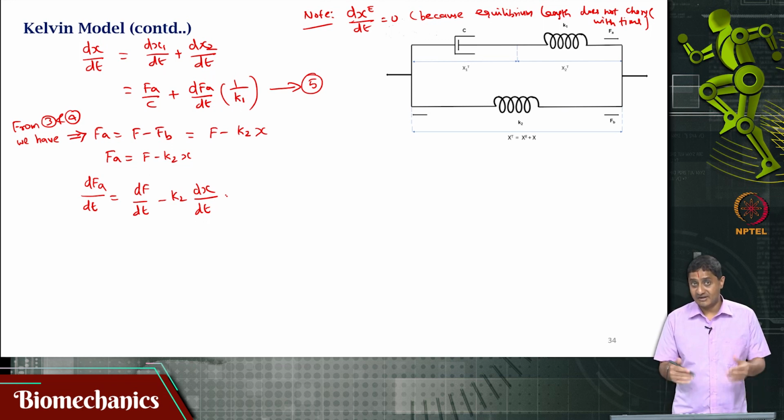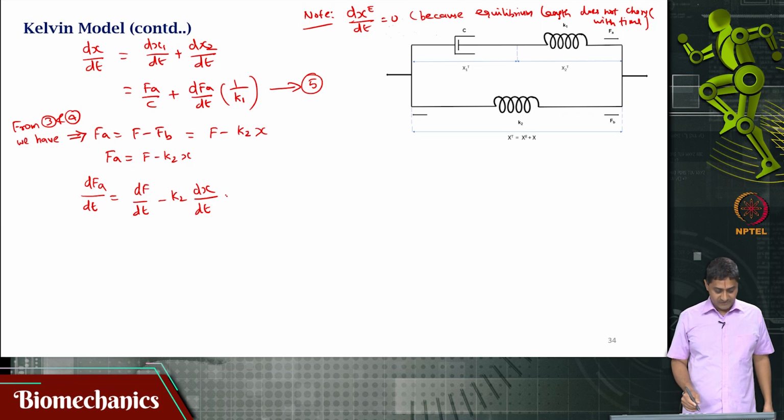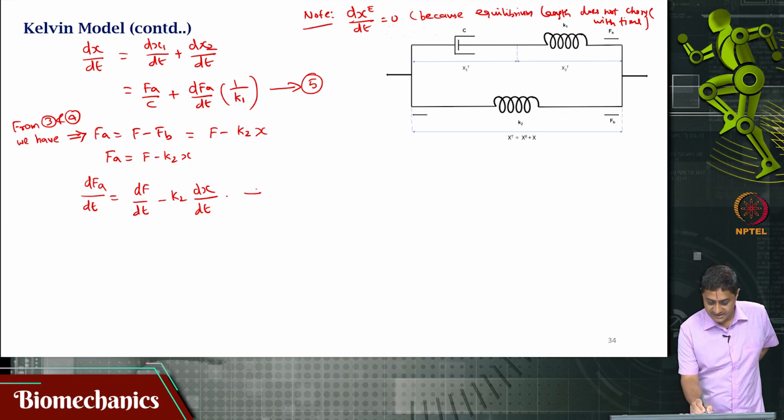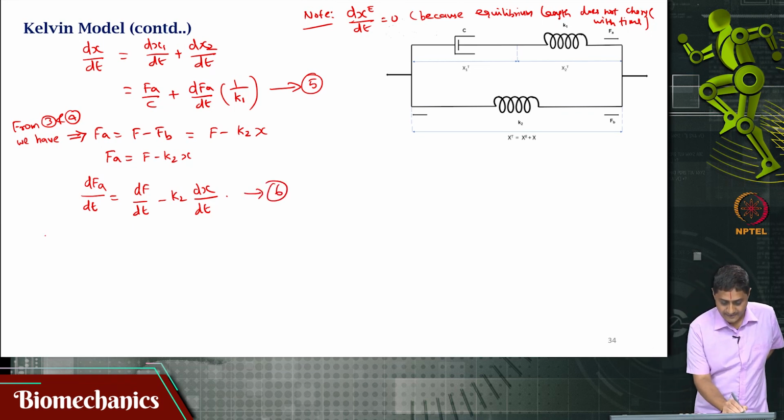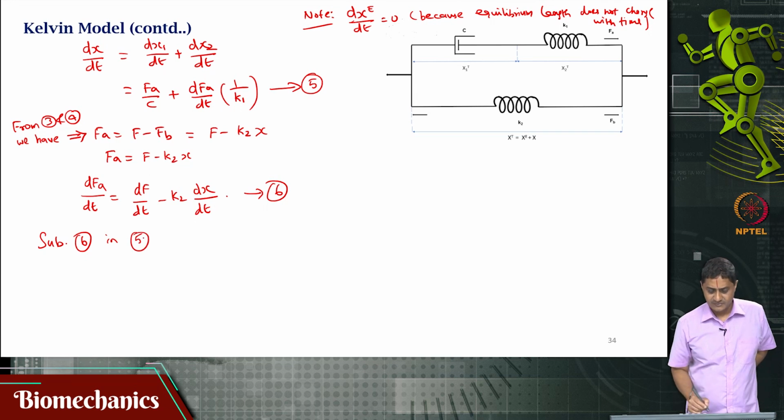I need to find Fa and I need to find dFa by dt to substitute in equation 5. Okay. I am going to call this equation 6. Now, substitute equation 6 in equation 5.